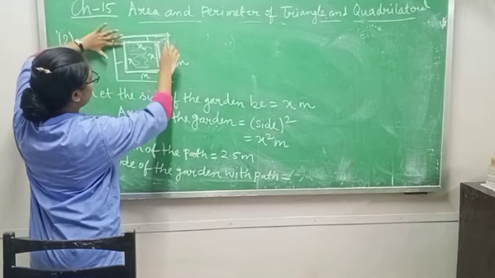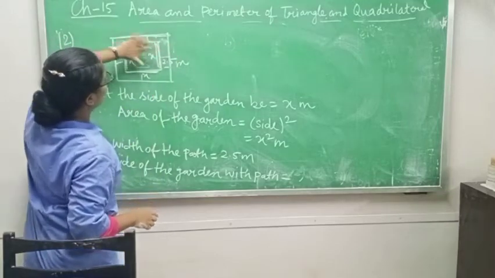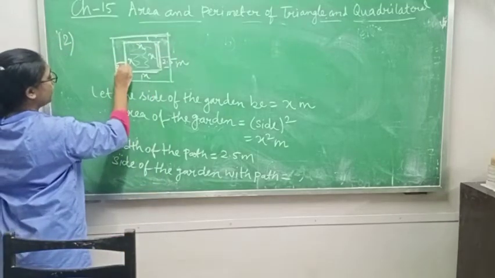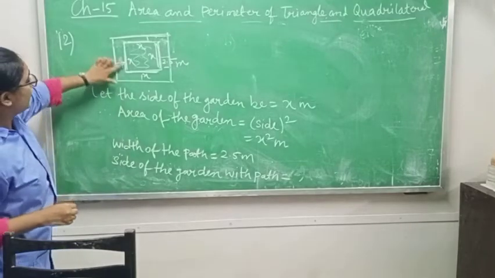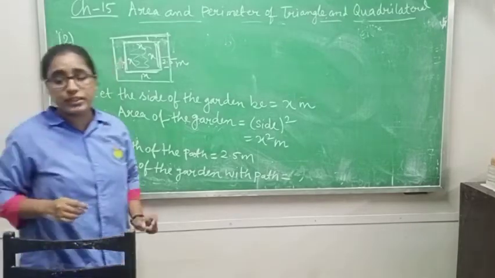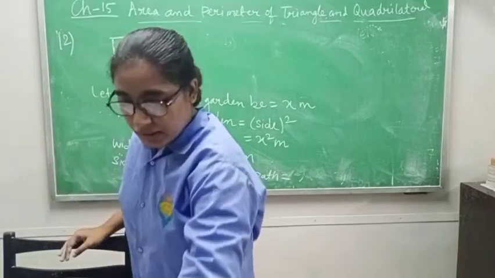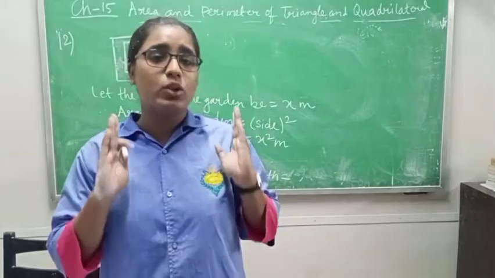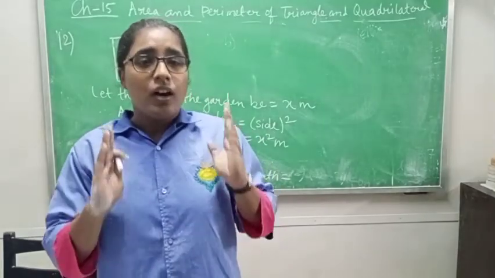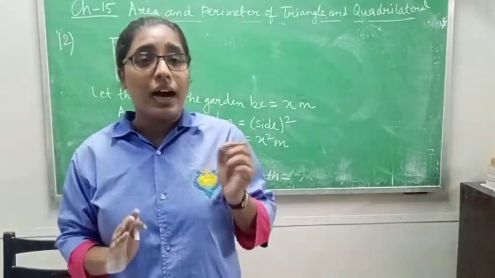Now both sides it is increased by 2.5 meter. Here also 2.5 meter. Understood, class 9? So we have to add that 2.5 from both the sides to get the side of the garden with path.